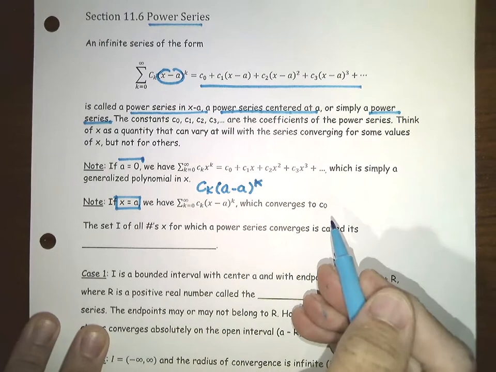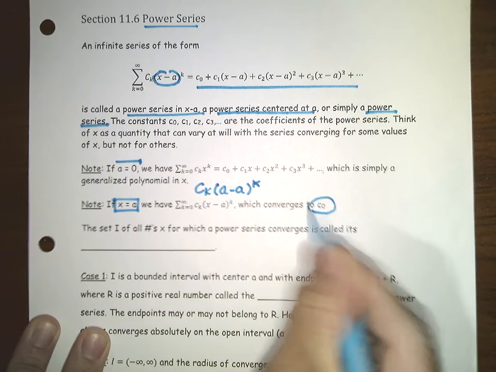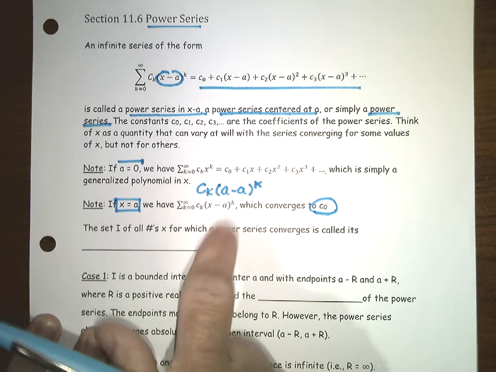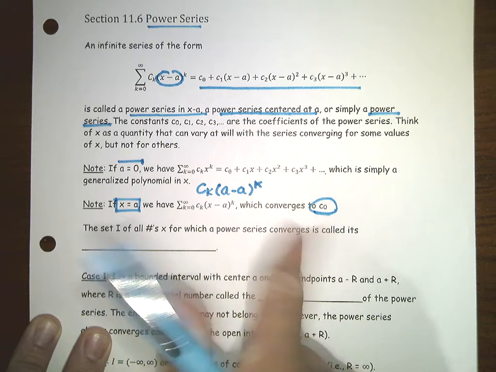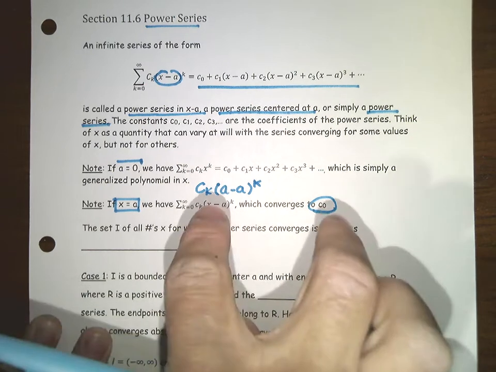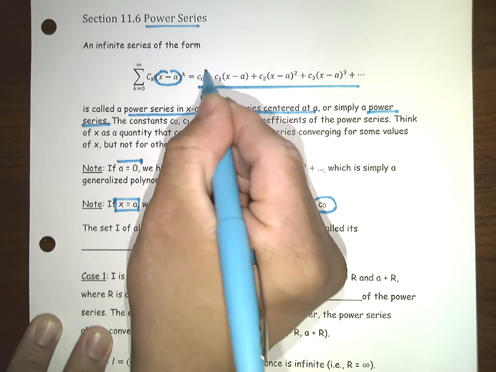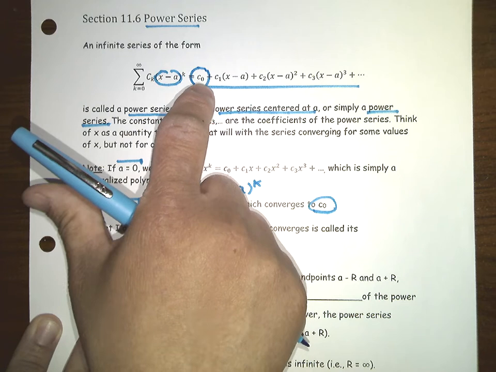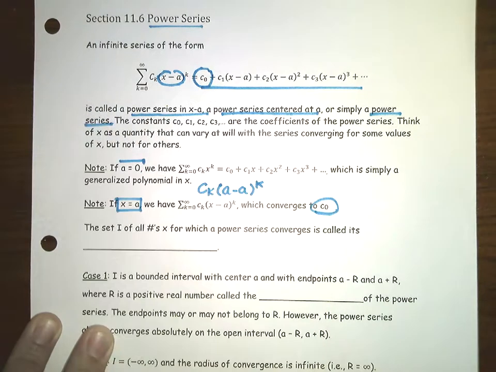What you want to remember then is that we're going to, by definition, just take this to converge to c_0. Even though a minus a is 0, by definition we say that this converges to c_0. If you expand out the terms, that's what happens, because all the other terms are 0 except for the first term.